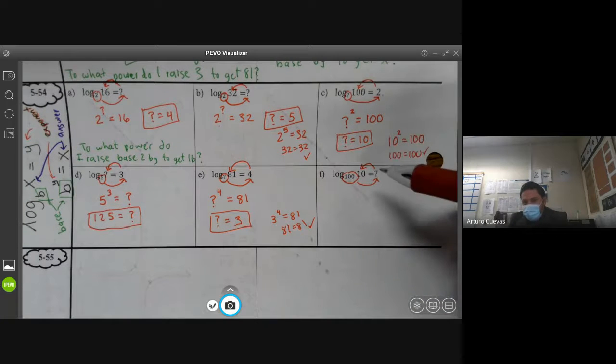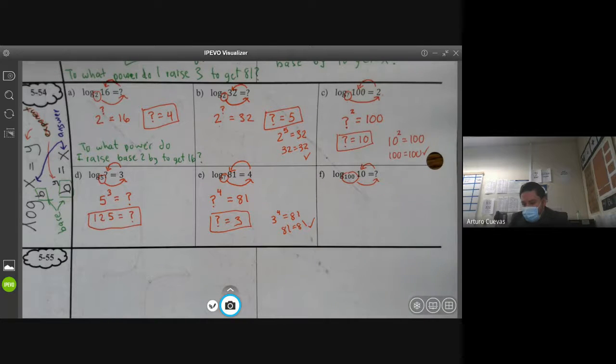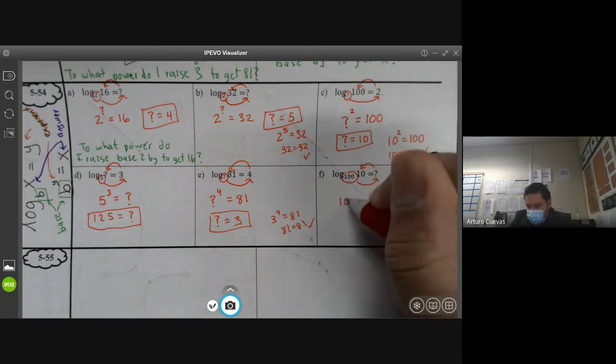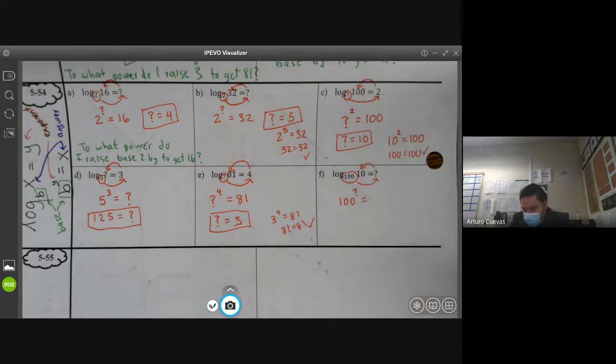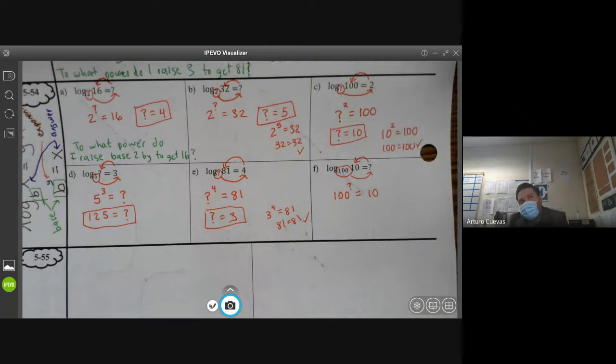This is not the same as the example, right? It's flipped. The numbers are flipped, but anyways. So this is going to be 100 to the power of question mark equals 10. Uh-oh. This one's a little tricky.